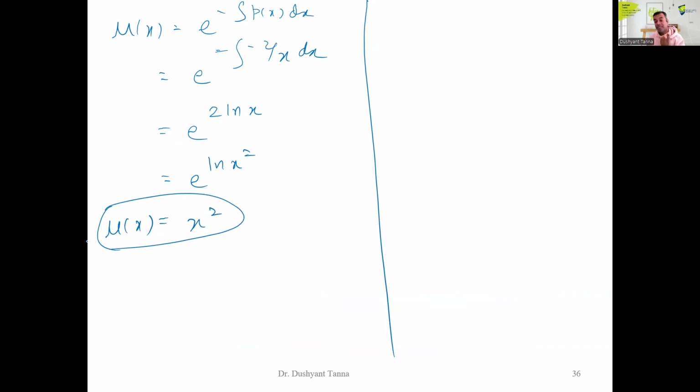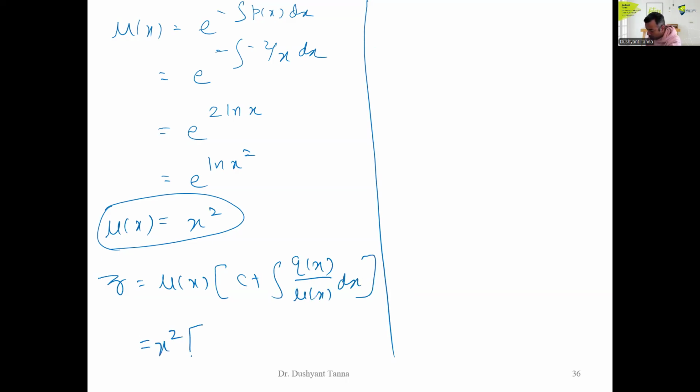Now my variable is z, it is not y anymore. So my z is mu x, what was it, c plus integration of, remember, small q. This is x squared, small q(x), which was minus 2 ln x over x squared dx. Again, that integration you can always split out if you need.